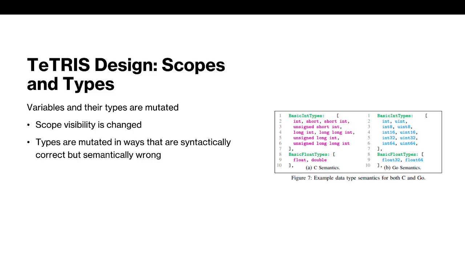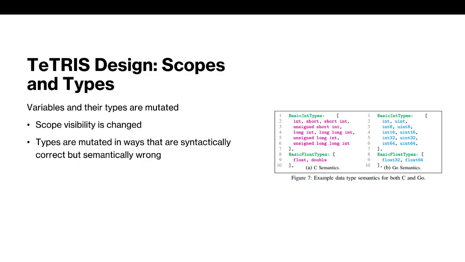know. After this is done, the next big thing that we want to mutate is types. Keep in mind that a huge source of transpiler errors comes in type translation. And there's a couple of different ways to do this. One way is to change scope visibility.